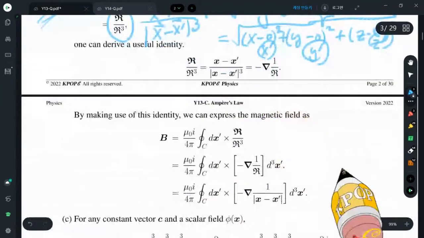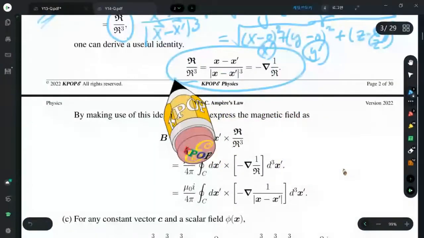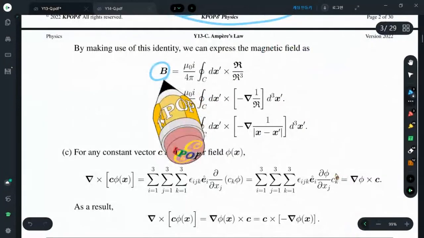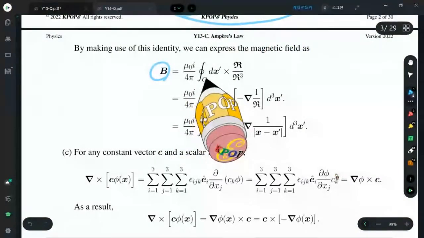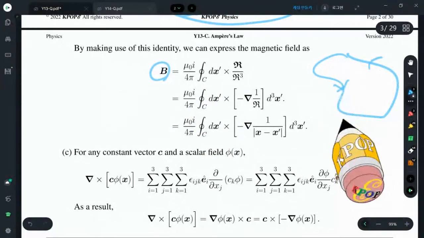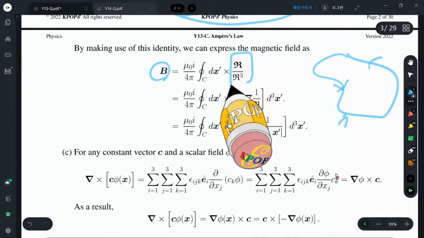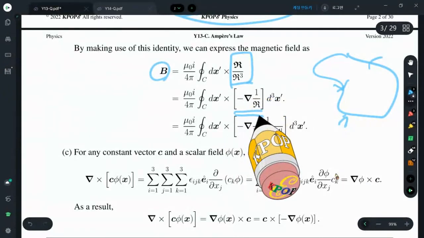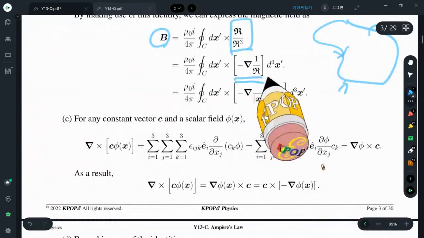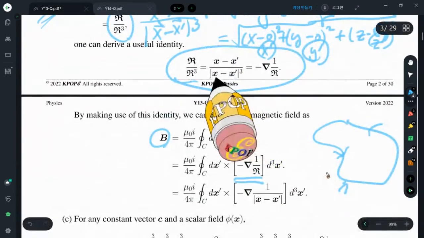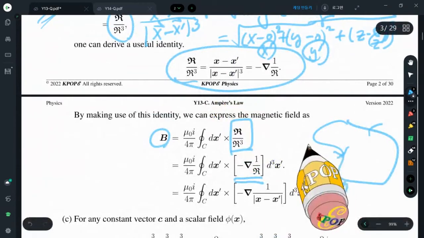So we make use of this identity in the calculation of the magnetic field along a path, a circuit carrying current I. This one is to be replaced with minus the gradient of 1 over r. And r is by definition the absolute value of x minus x prime.